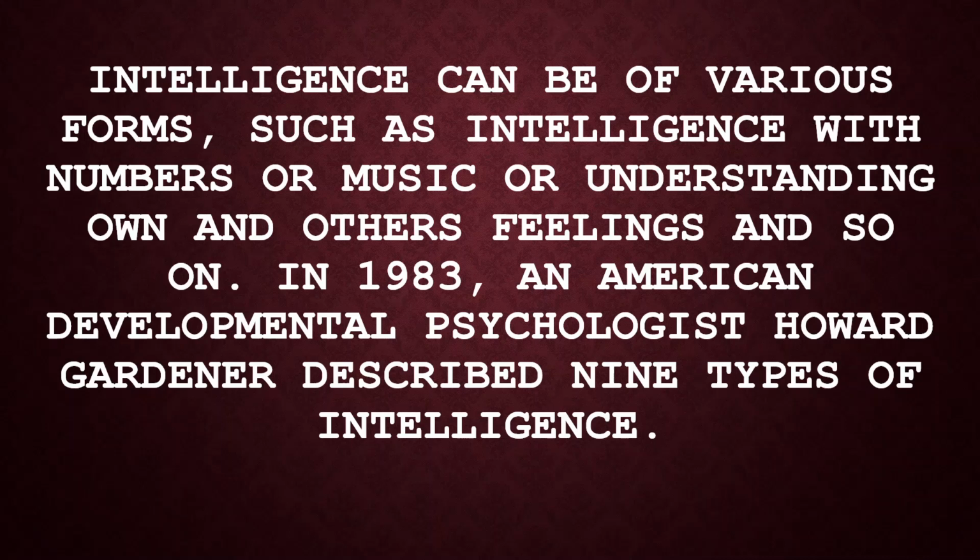In 1983, an American developmental psychologist, Howard Gardner, described 9 types of intelligence. He said that every person has 9 types of intelligence at different levels.